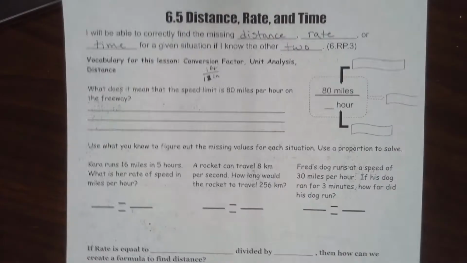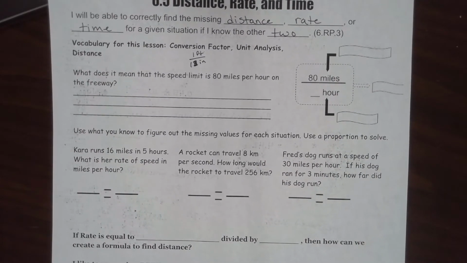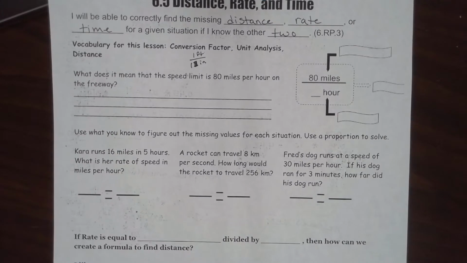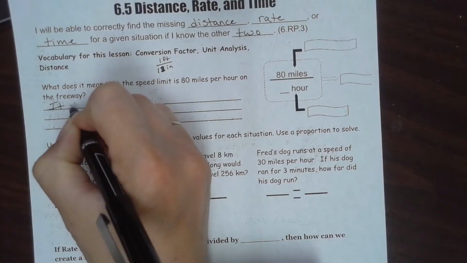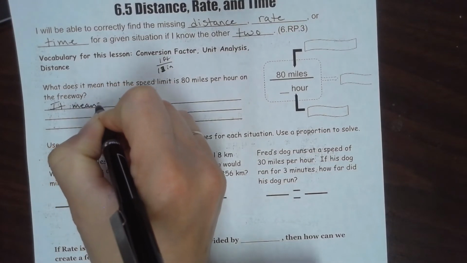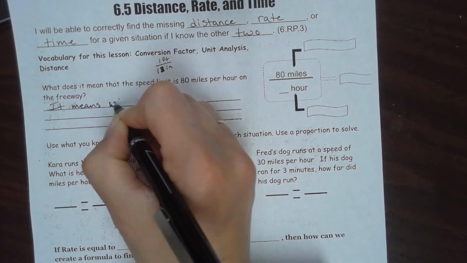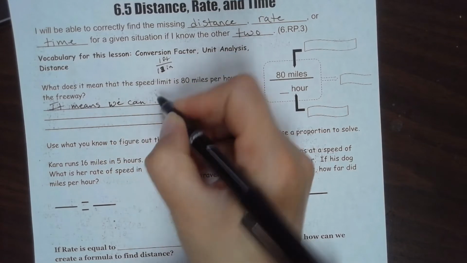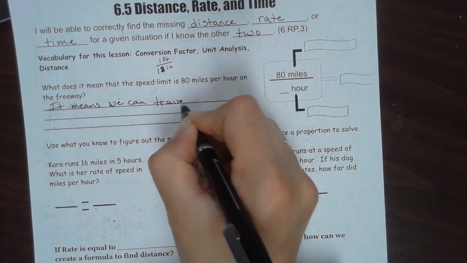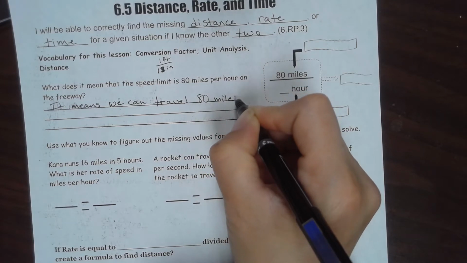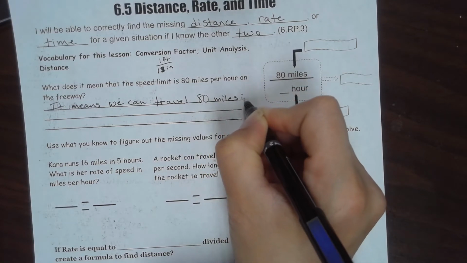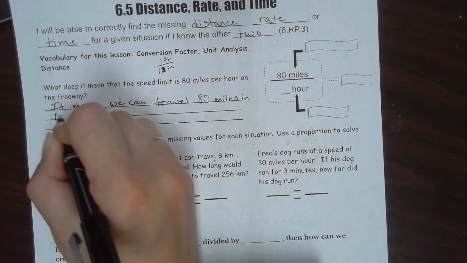All right, so here, what does it mean that the speed limit is 80 miles per hour on the freeway? It means we can travel 80 miles in 1 hour.